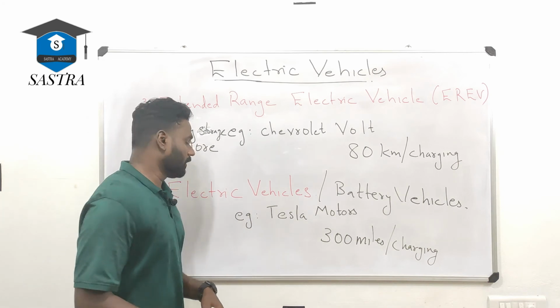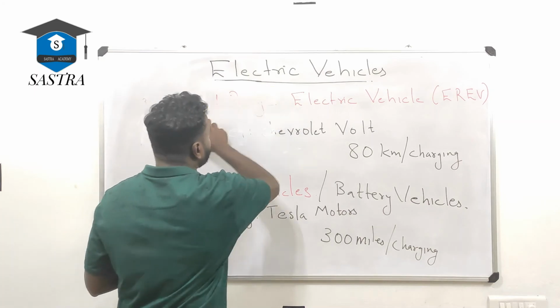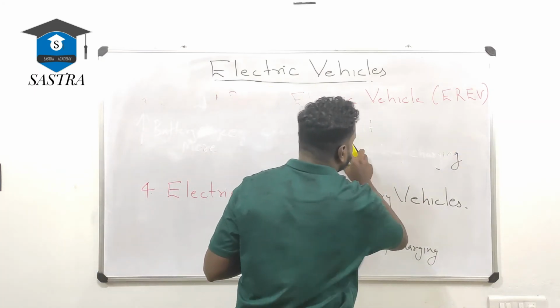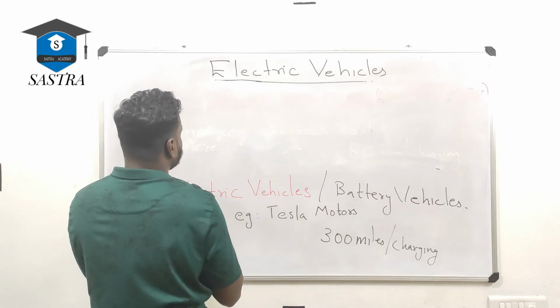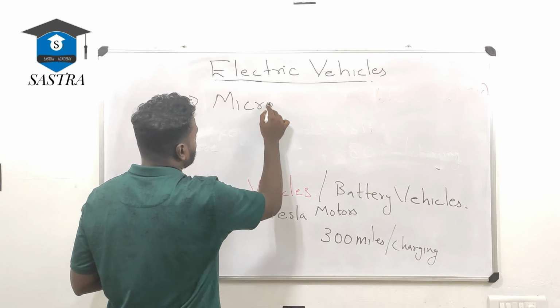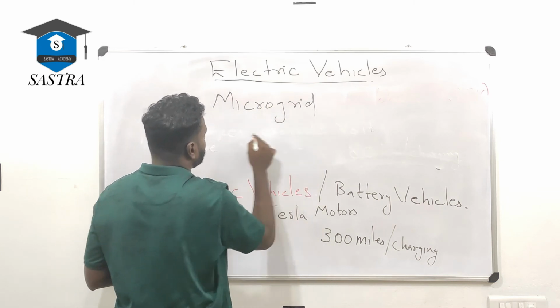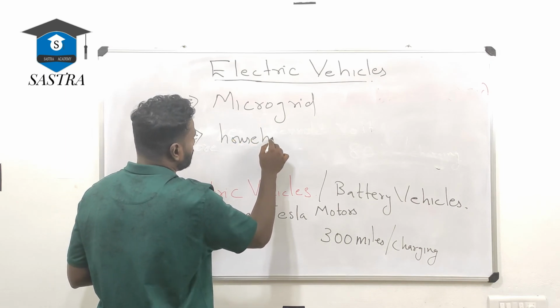Now we can see the battery is also used in microgrids. Another use of battery is in the field of microgrids, or you can see it in households, that is in inverters.